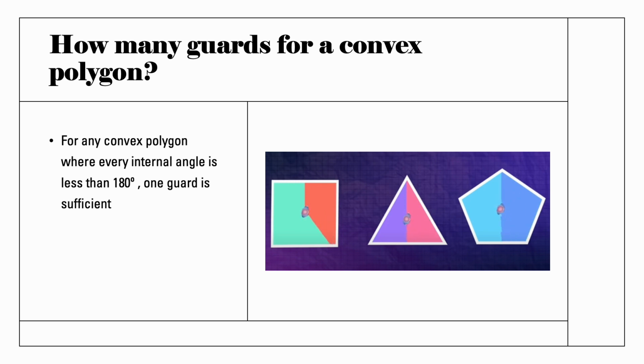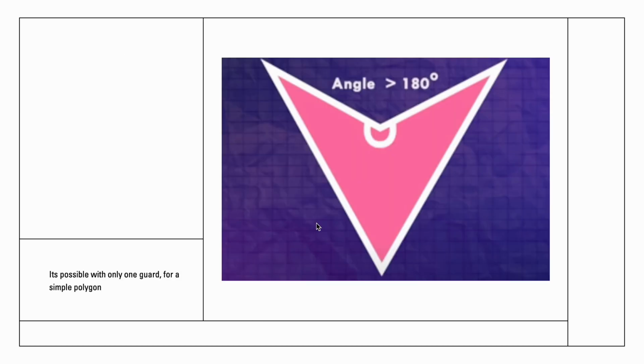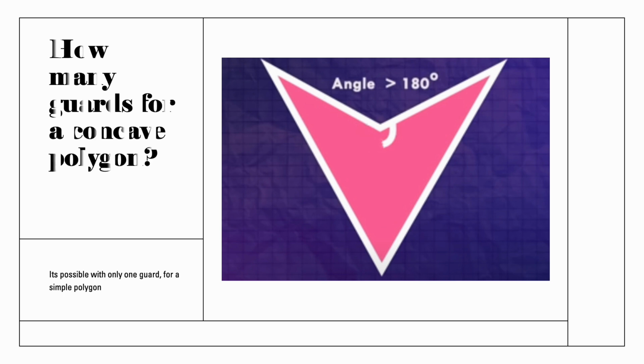Coming back to the initial question that I posed, we see that for any convex polygon, a polygon where every internal angle is less than 180 degrees, we need only a single guard to cover the entire polygon. For a concave polygon, we see that things start to get a little bit tricky.